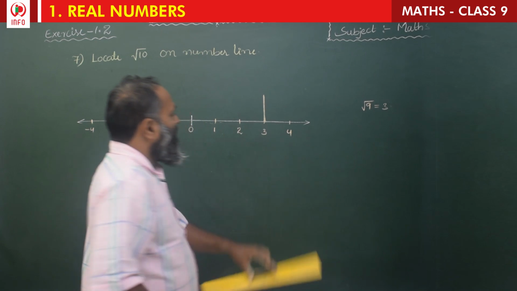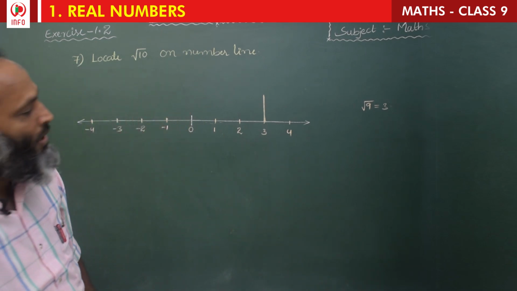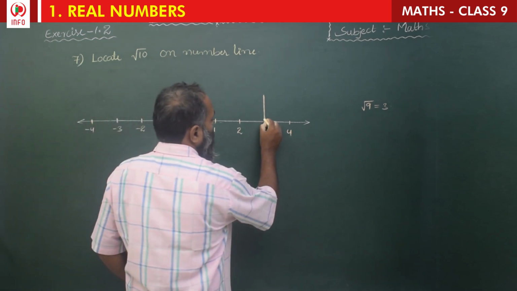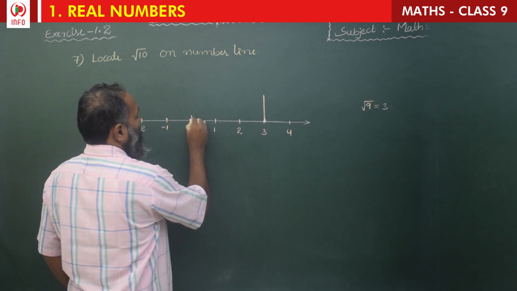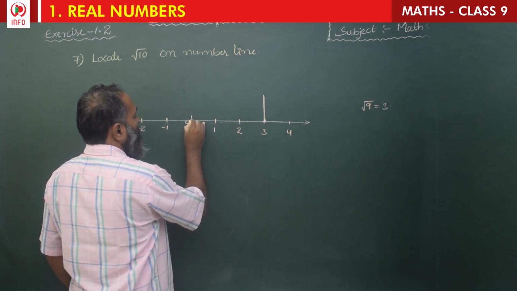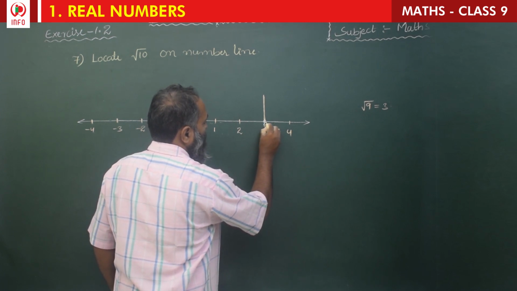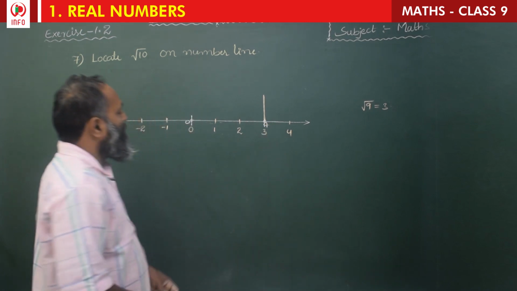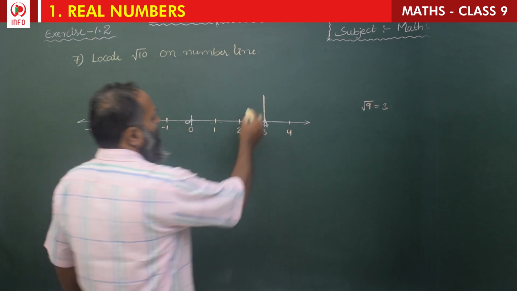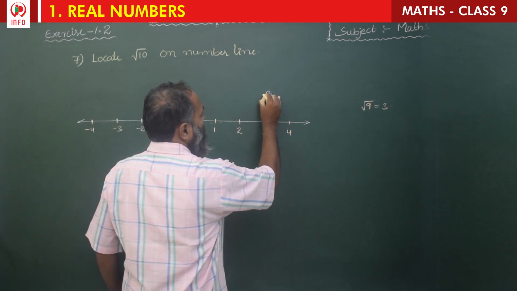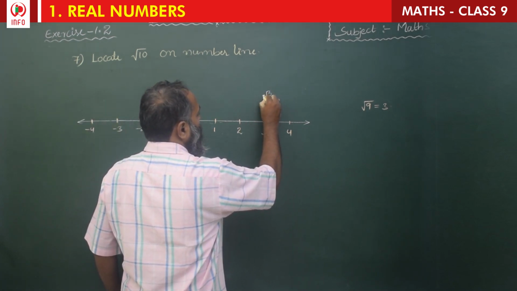Okay, here you should draw 3. On 3 you mark a point. Here the point is O, here a point A, and this is the point B. So this is OAB.